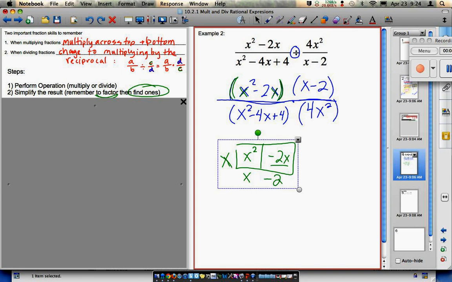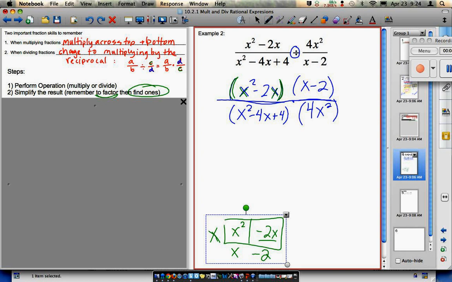So the top, so far, can be factored into x times x minus 2. And I still have this other factor that was originally here. So it looks like I have two x minus 2's. Okay, don't forget that original factor that was already on the top.